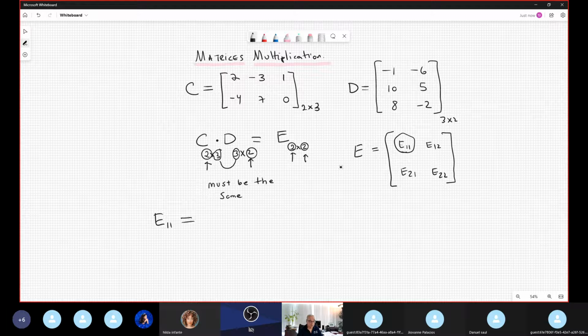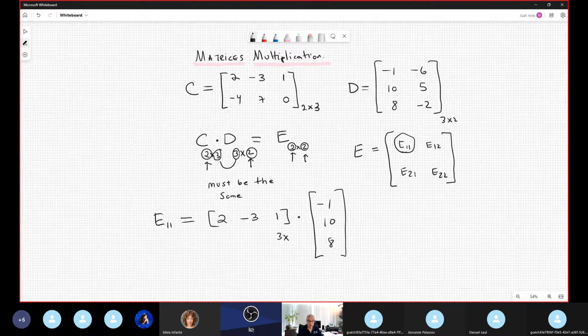It is the multiplication of the first row, suppose I copy and paste the first row of this matrix, by the first column in the second matrix. This element is a row vector, sorry, 1 by 3. And this is the column vector, a 3 by 1. Matching perfectly.